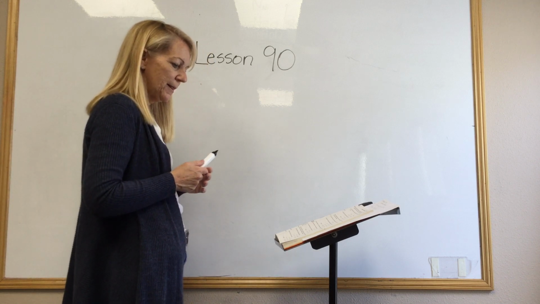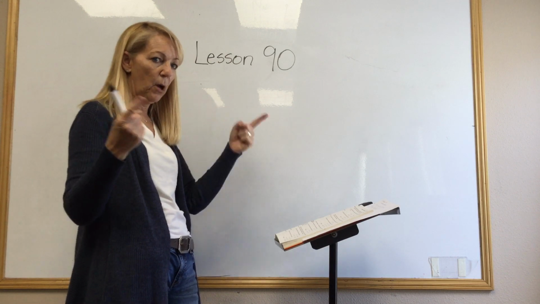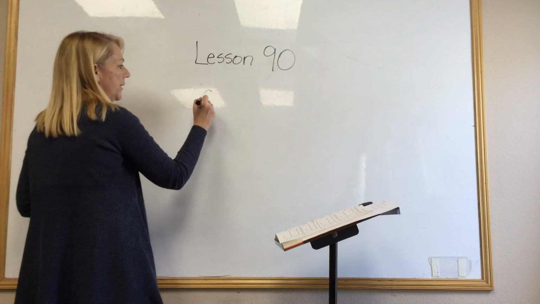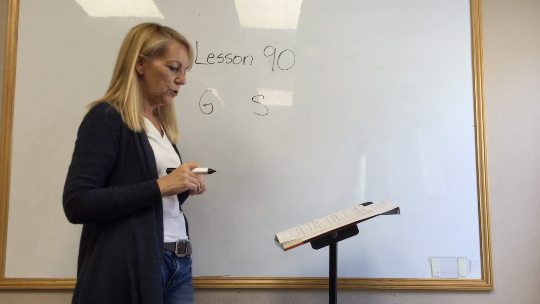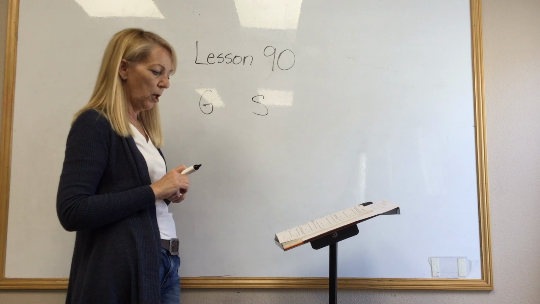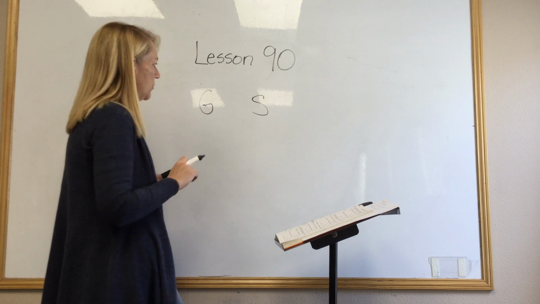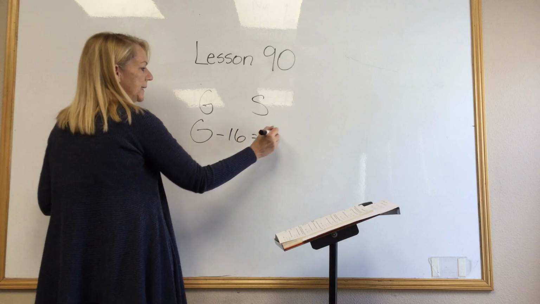Okay, so let's go back. We have two numbers, greater and smaller. The greater of the two numbers is 16 greater than the smaller. So if I were to say the greater minus 16, I'd get the smaller.